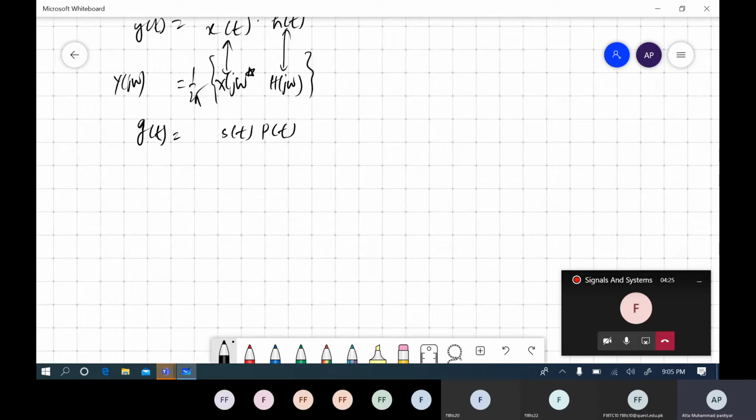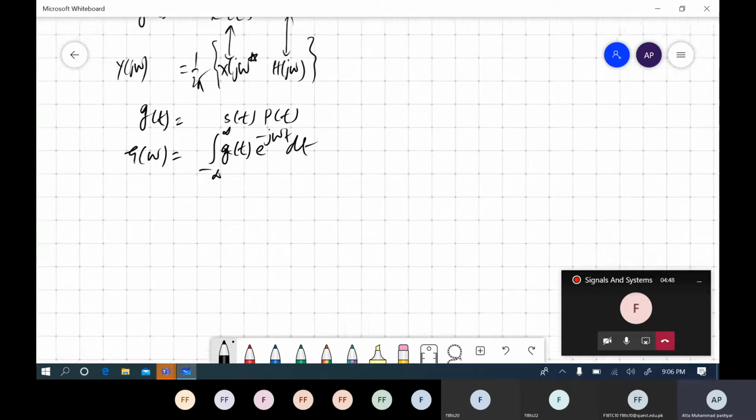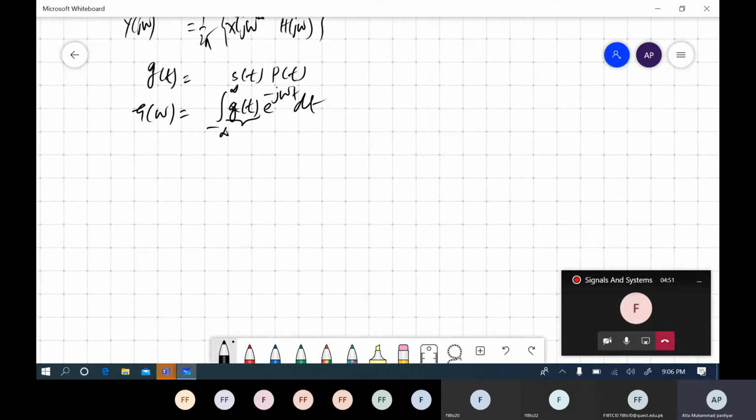Now, to find G of omega, we use the formula for computing the Fourier transform, which is the integral from minus infinity to infinity of g of t e to the power minus j omega t dt, right? And now this g of t is a product of two signals, s of t and p of t.